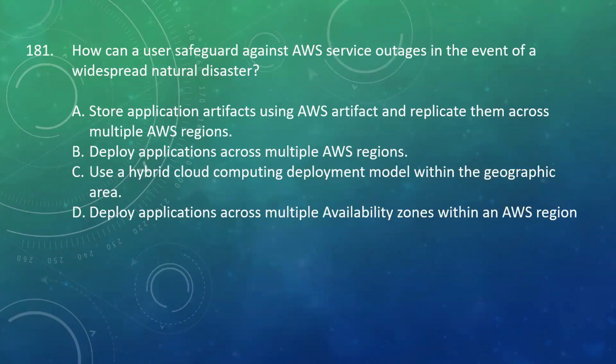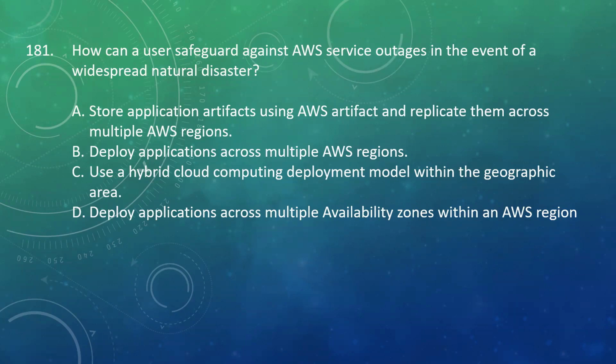How can a user safeguard against AWS service outages in the event of a widespread natural disaster? Your options are: store application artifacts using AWS Artifact and replicate them across multiple AWS regions, deploy applications across multiple AWS regions, use a hybrid cloud computing deployment model within the geographic region, deploy applications across multiple availability zones within an AWS region.